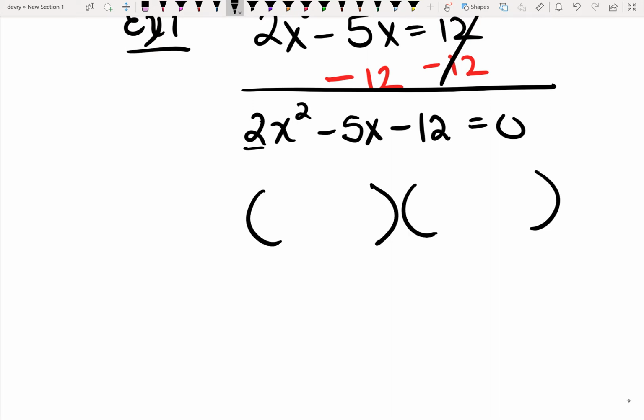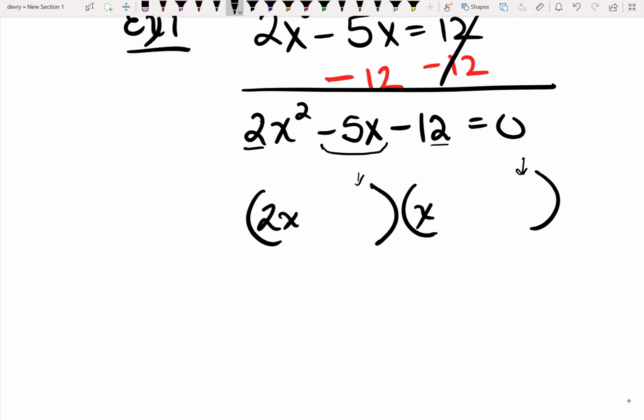In guess and check, you're going to start with the front term, which is 2x and x. Now you have to figure out a way to get a 12 by using these two values, but the end result in the center, which is a sum, has to be negative 5.